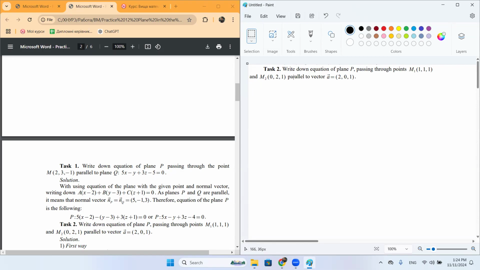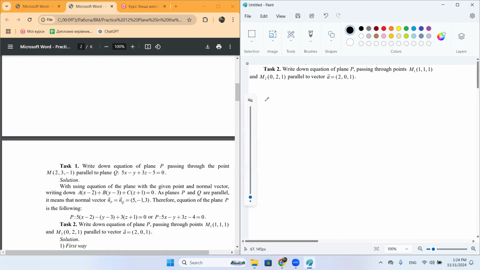But we have also the vector. As this plane is passing through points M1 and M2, we can find the coordinates of the vector M1M2, and then we will receive the normal vector of the plane P.